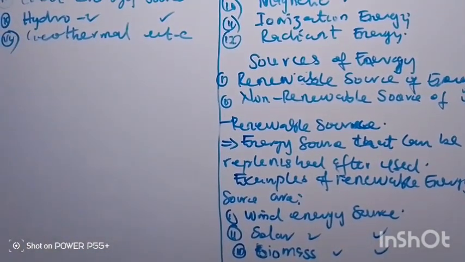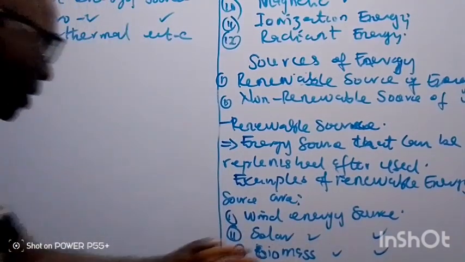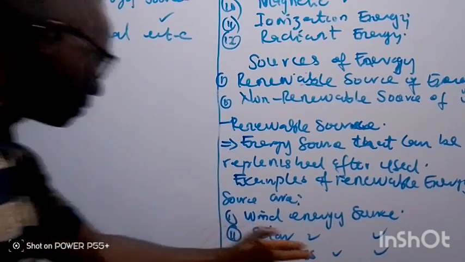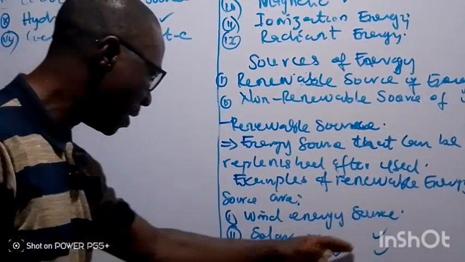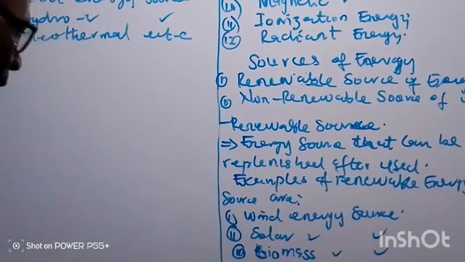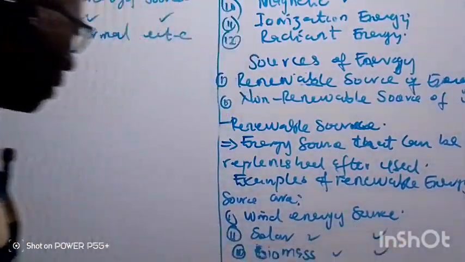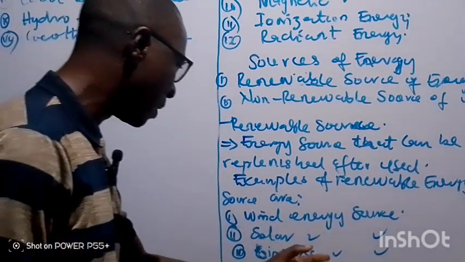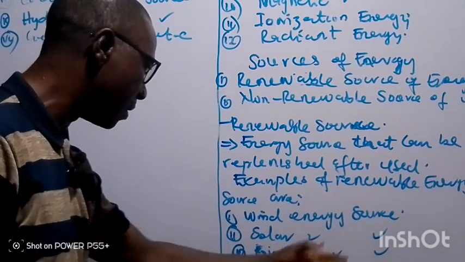Take for example, solar energy source. Solar energy source is energy from the sun. That one can be replaced or replenished. Biomass is energy from any plant decay or maybe like sugarcane. When they ferment, we can get energy from them, or any green grass that has been fermented.